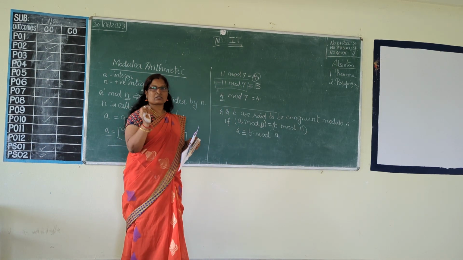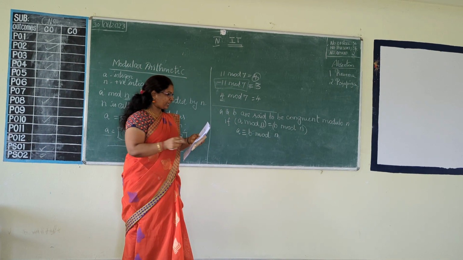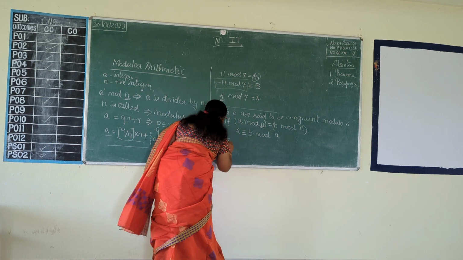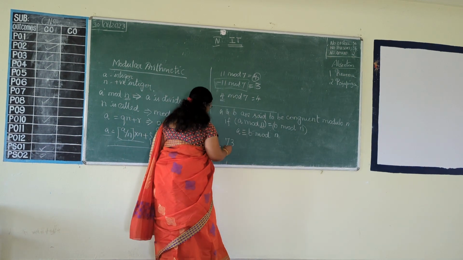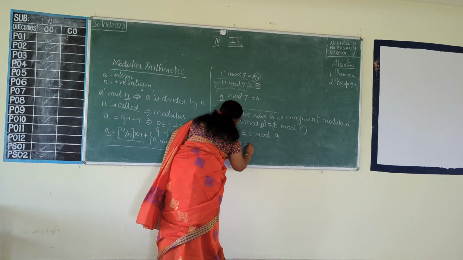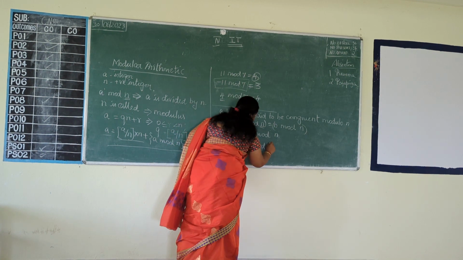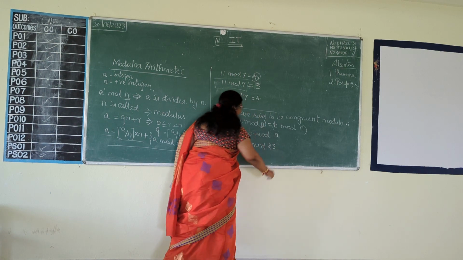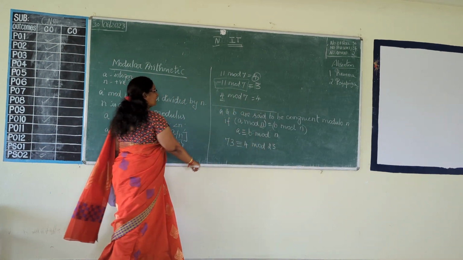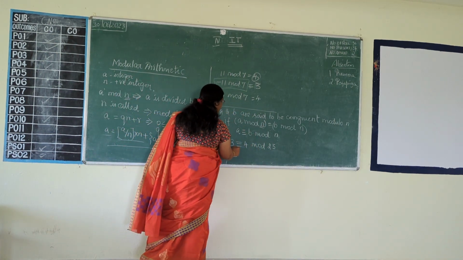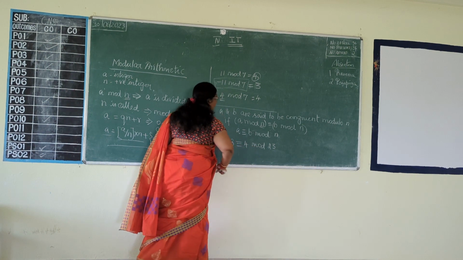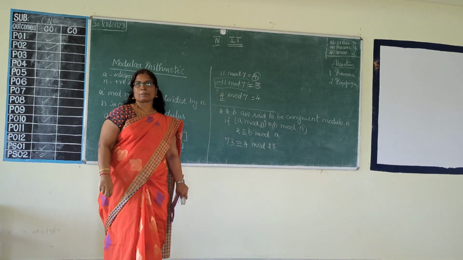The symbols are very important, basic. Please try to understand clearly. Example: 73 is congruent to 4 mod 23.